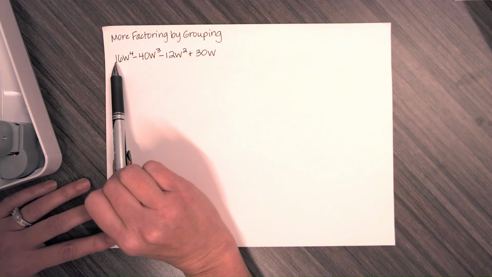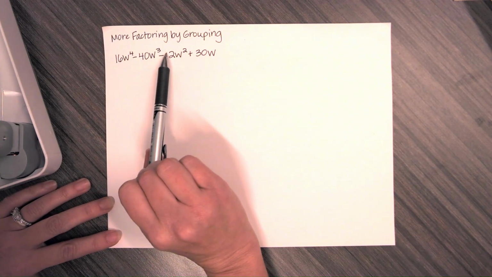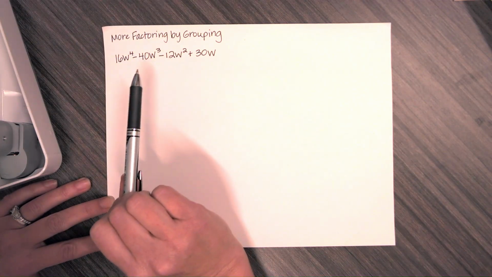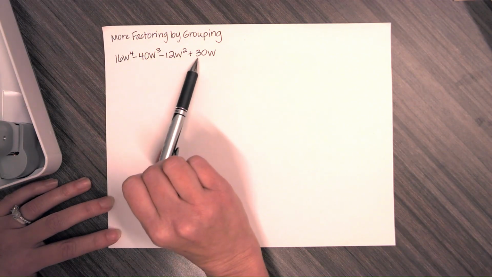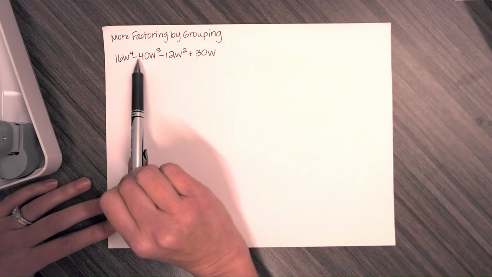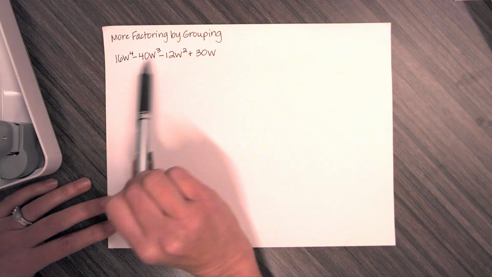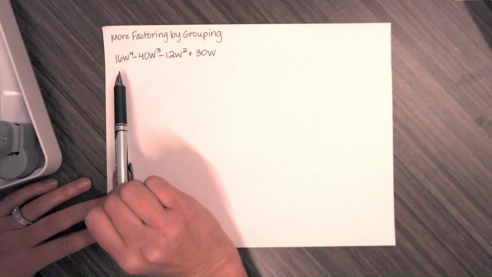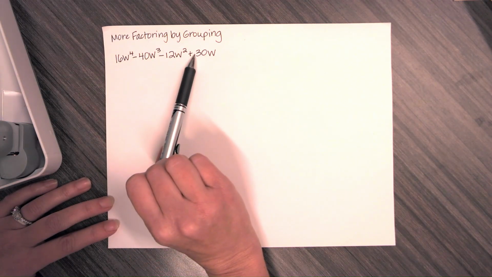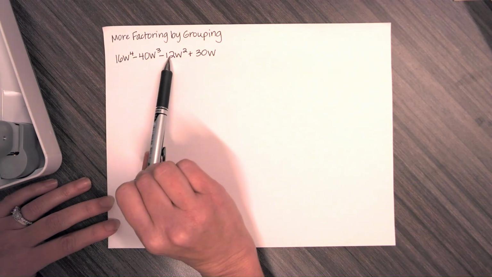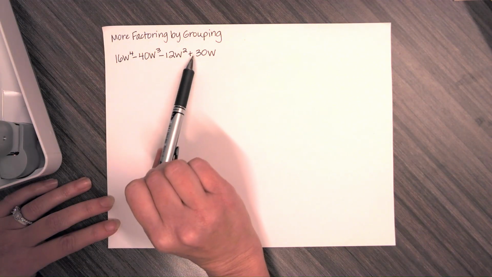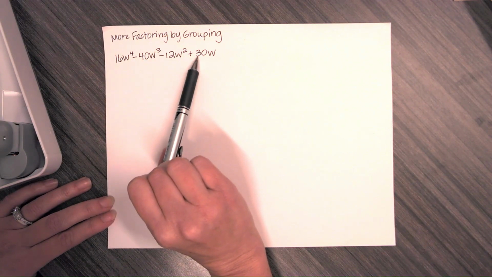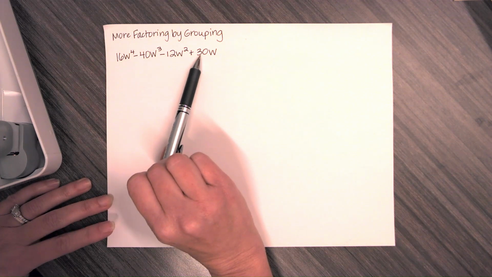If you notice, we have 16, 40, 12, and 30. I know those are all even numbers, so I know I at least need to be able to factor out a 2 from all of those. And I do think that is the biggest number I can factor out. 4 goes into these three, but 4 will not go into 30. So I think 2 is going to be my greatest common factor for my number portion.